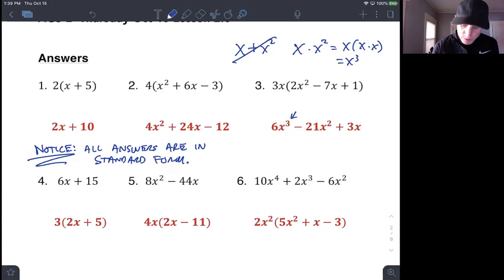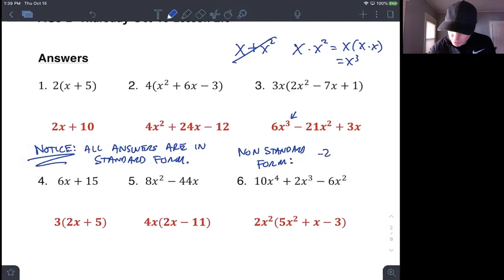So here's non-standard form. It would look like if I wrote it as negative 21x squared plus 6x cubed plus 3x. Notice that I switched these two terms.